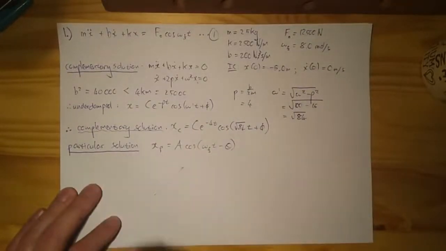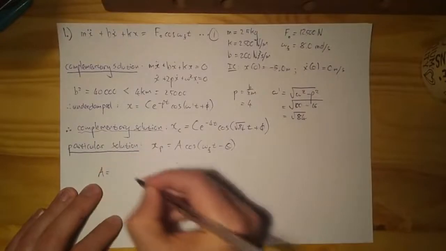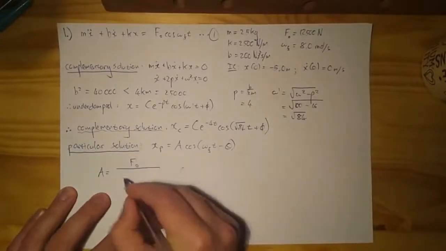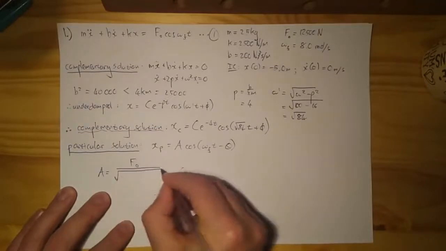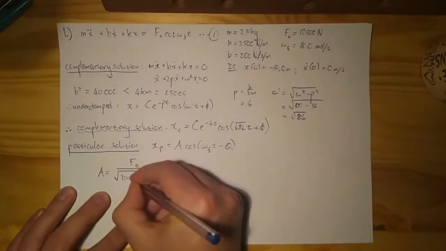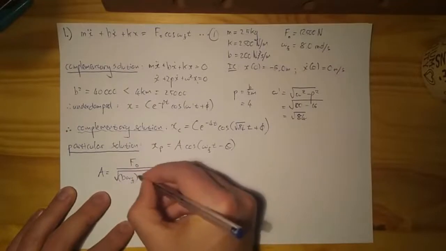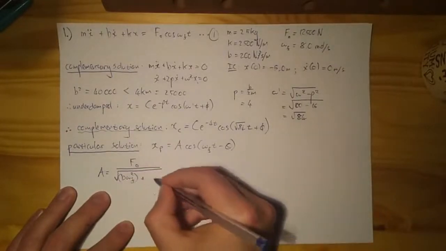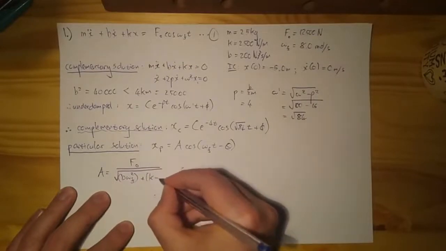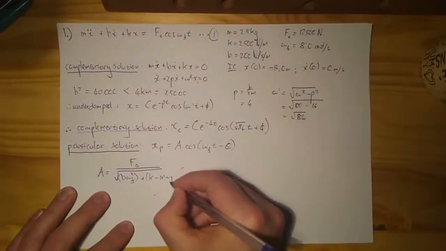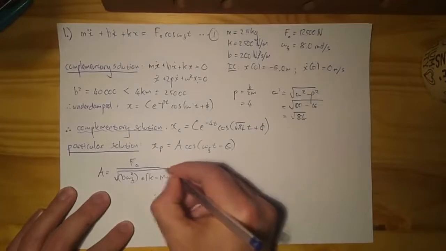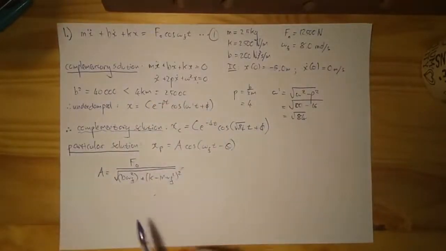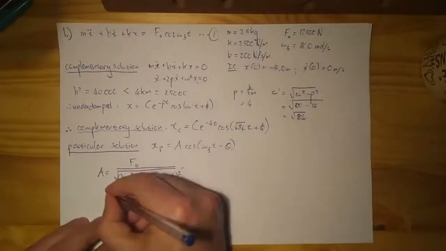And I saw that I can write this as a equal to the square root of f0 over the square root of (b omega_f) squared plus (k minus m omega_f squared) all squared. Okay, now we just have to calculate this.